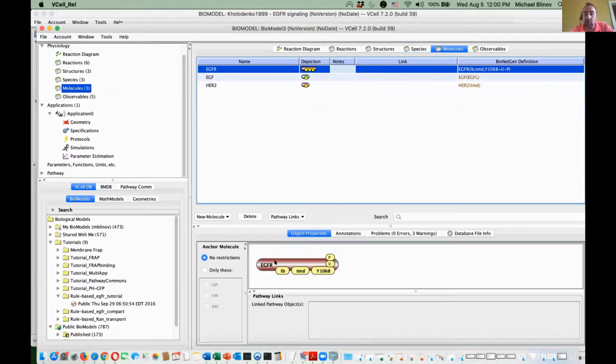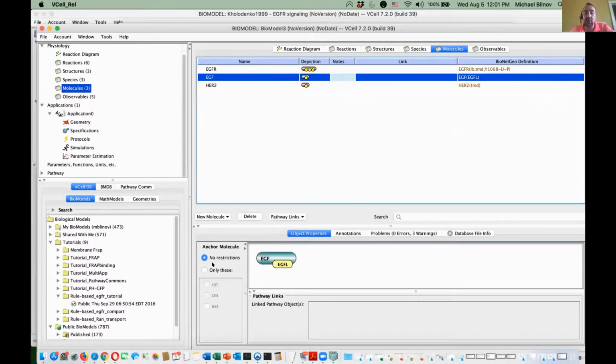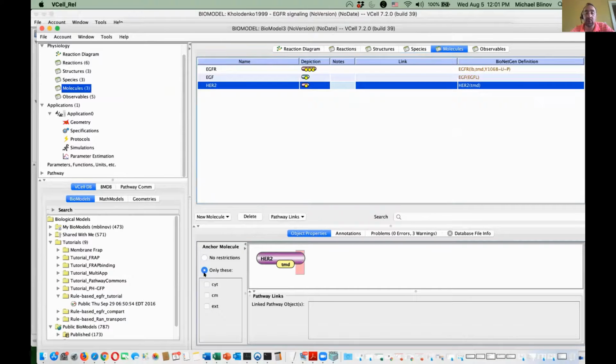So this molecule EGFR can be located only on the cytosolic membrane, and everything red in the virtual cell means a mistake or error. EGF can be located either in the extracellular or cytosolic membrane, and HER2 can be located only in the cytosolic membrane.